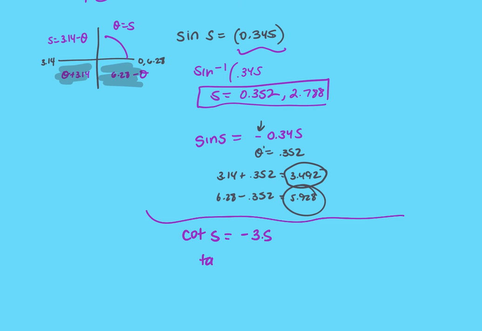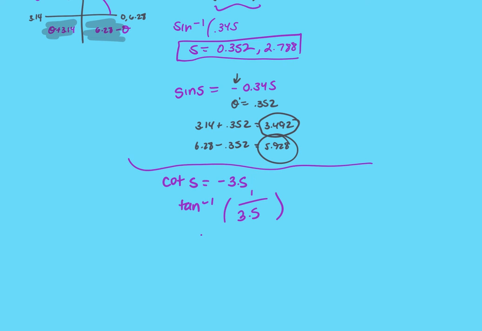This is tan negative 1 of 1 over, and we're going to treat it as though it's positive first. So second tan 1 divided by 3.5 gives me theta, and this is just my reference angle, 0.278. If it was positive, that would be one of my answers. I'd still have to find the other one.